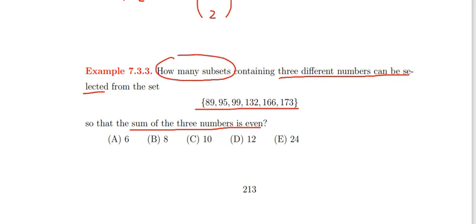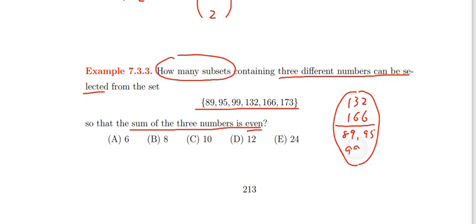Here we're talking about even and odd, so we split those numbers into 2 parts: even numbers and odd numbers. Even: 132, 166. Odd: 89, 95, 99, and 173. So we split this into 2 parts.